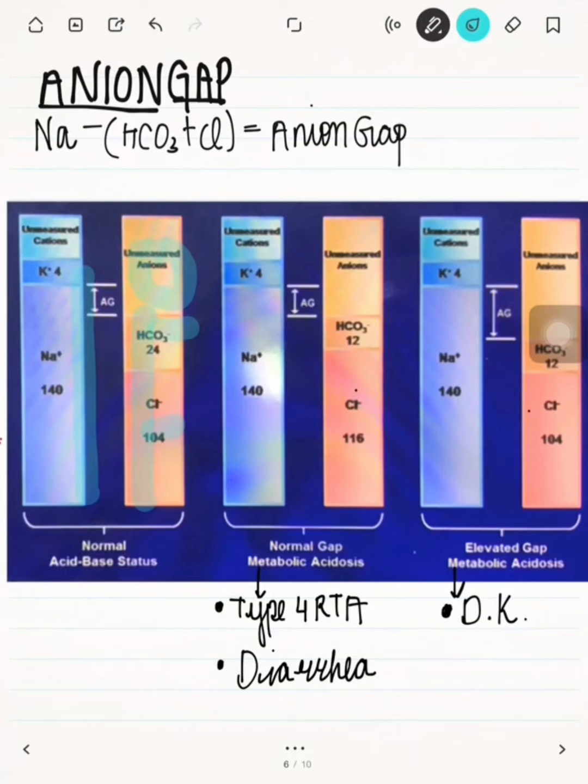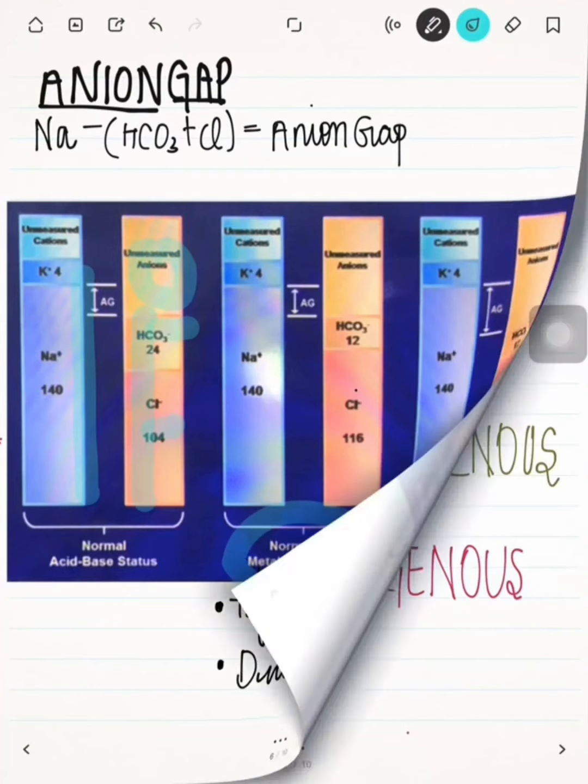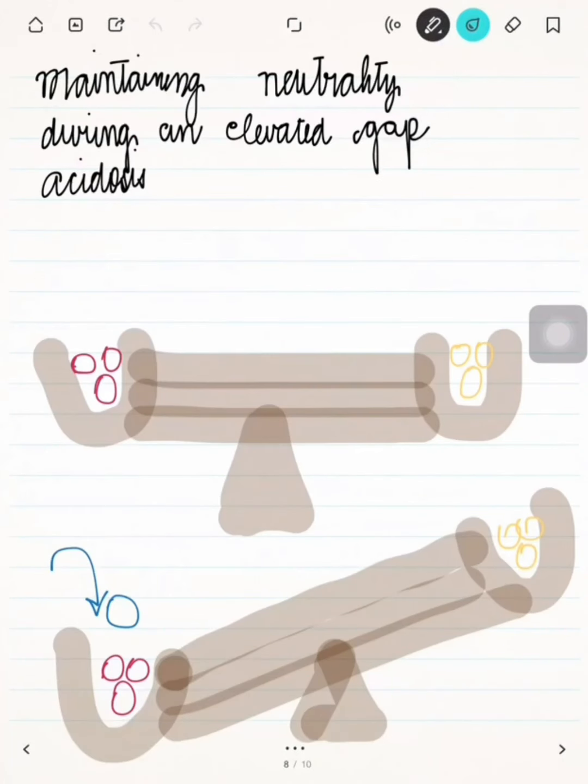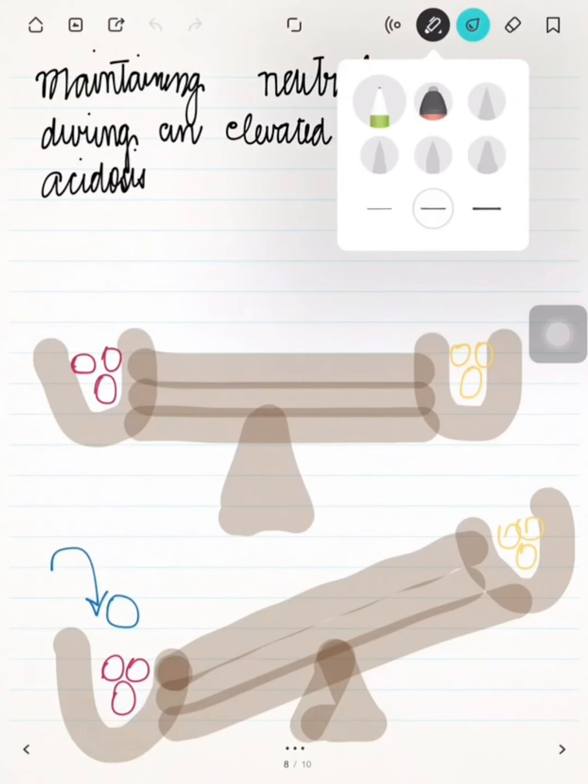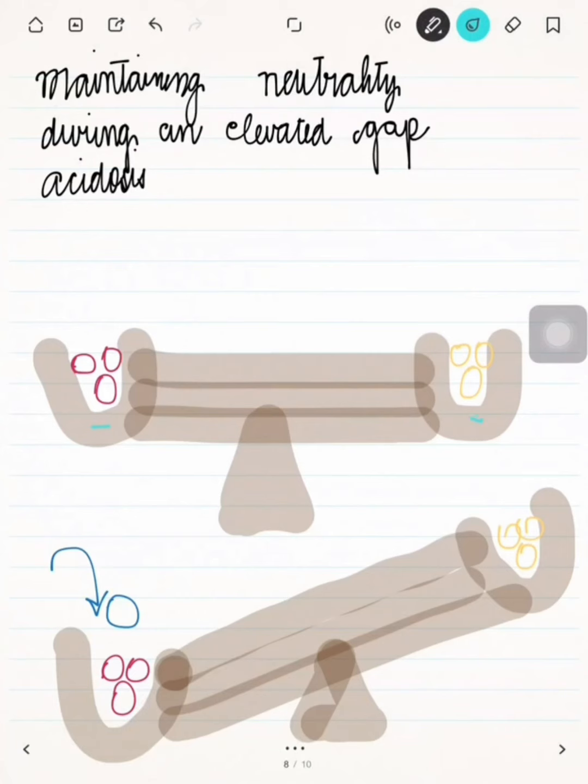Then we will talk about normal anion gap metabolic acidosis and elevated gap metabolic acidosis. This is explained by this figure: normally, if this is anions and this is cations, they are equal.